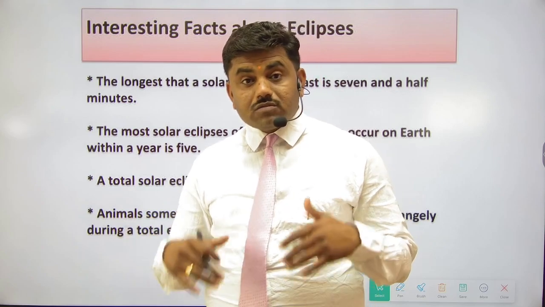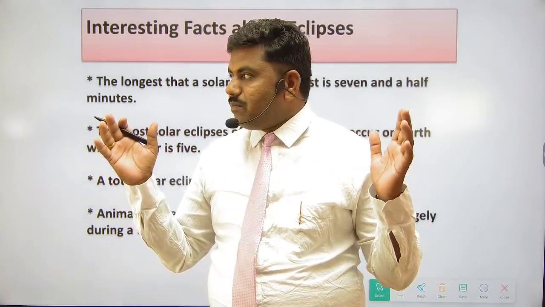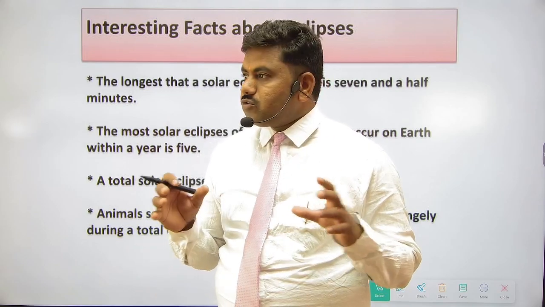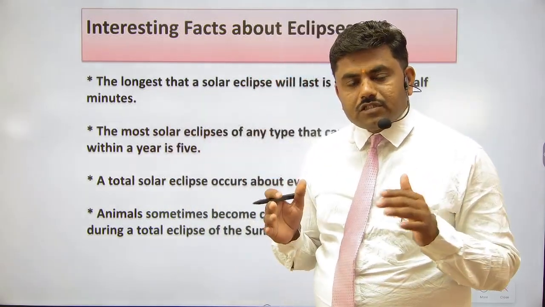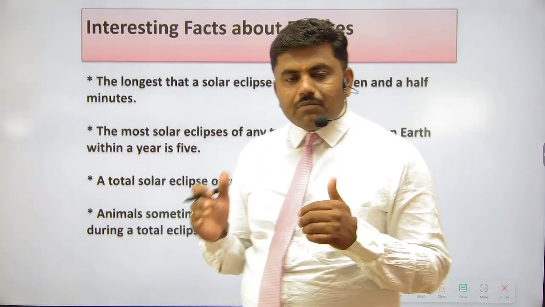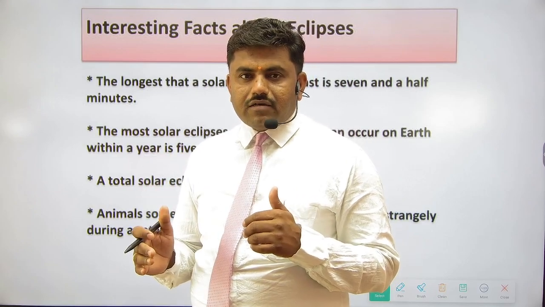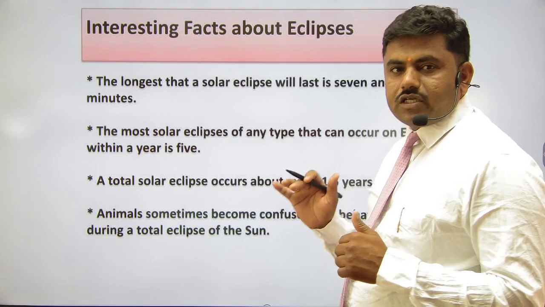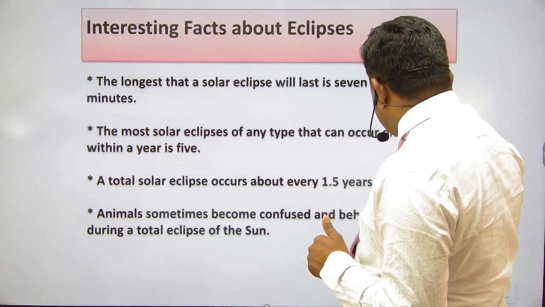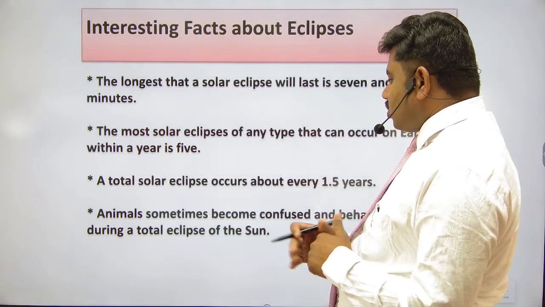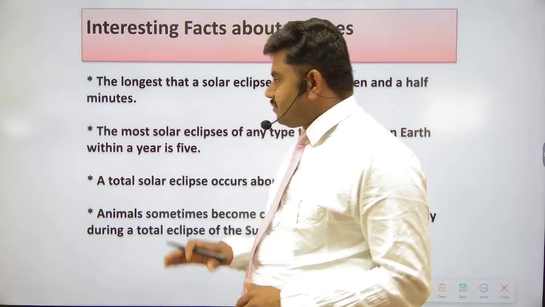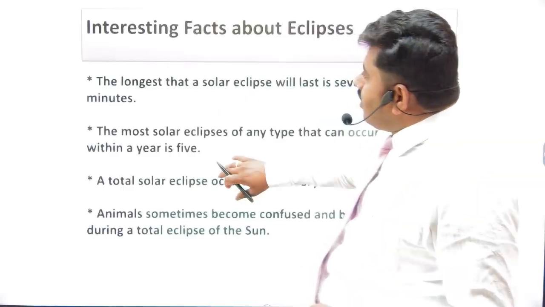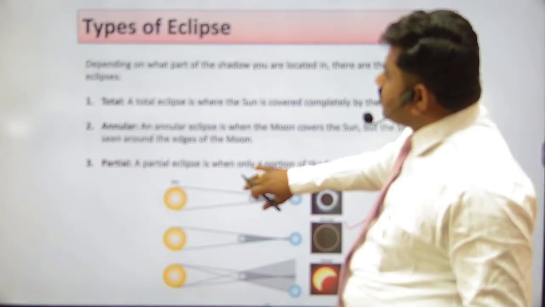Sometimes dogs bark and birds chirp, because animals can sense that something is happening, and they become confused in that period and behave strangely. And that was the topic about lunar and solar eclipses.